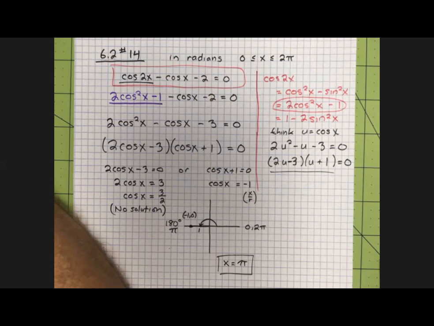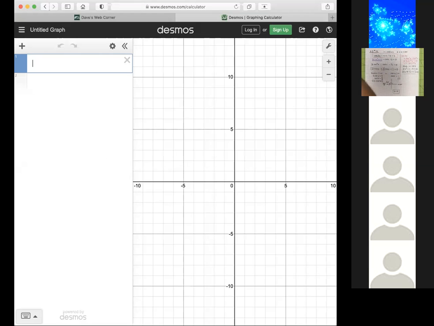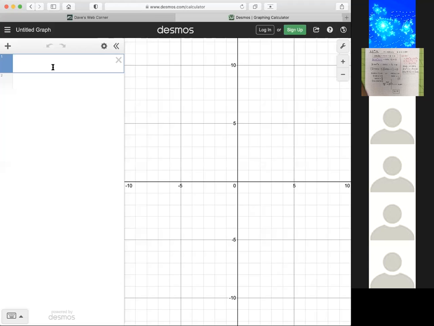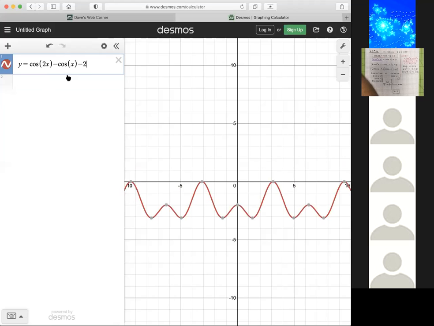And the problem was y equals cosine of 2x minus cosine of x minus 2 equals 0. They want to know when this curve is equal to 0. Now remember, they wanted to know on the interval 0 to 2 pi. So let me add that so I don't see all this repeating. On the interval 0 less than or equal to x less than or equal to 2 pi.